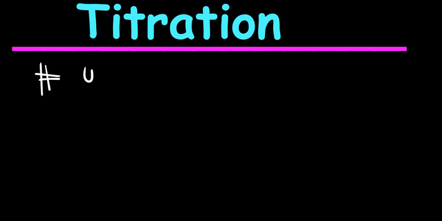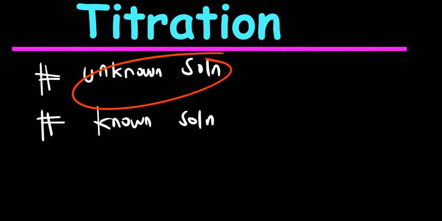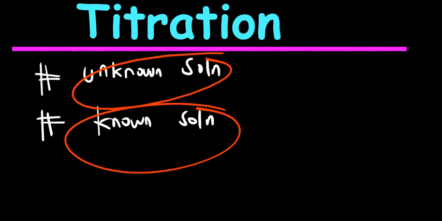An unknown solution, it has a name. You are reacting it with a solution that you know, a known solution. Okay? Now, you are trying to find this by reacting with what you know.